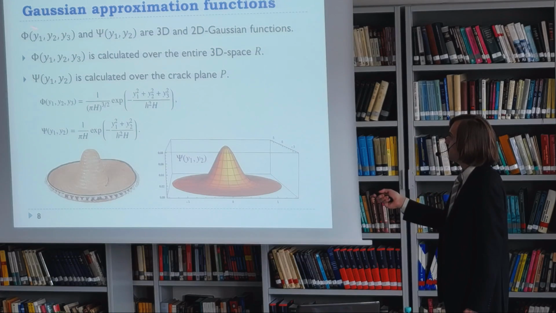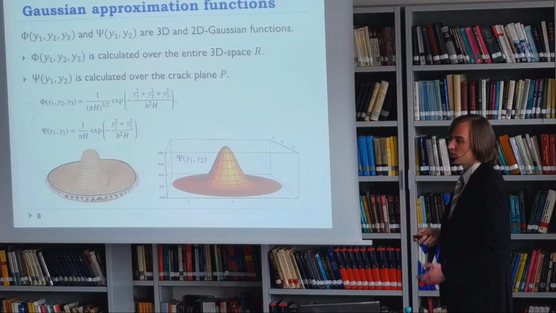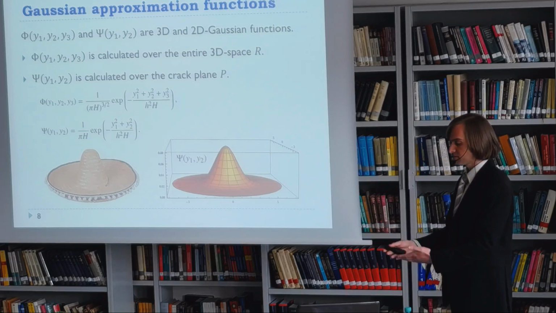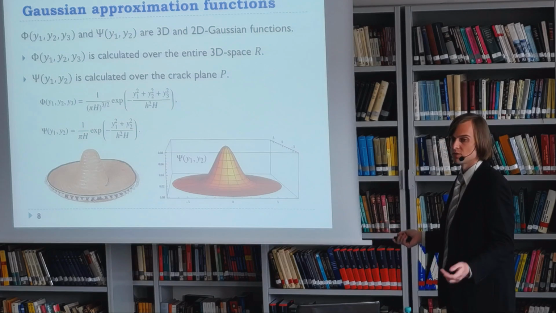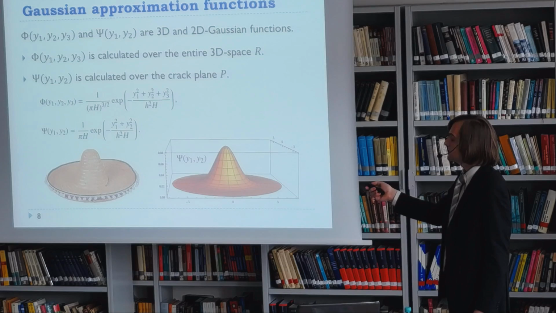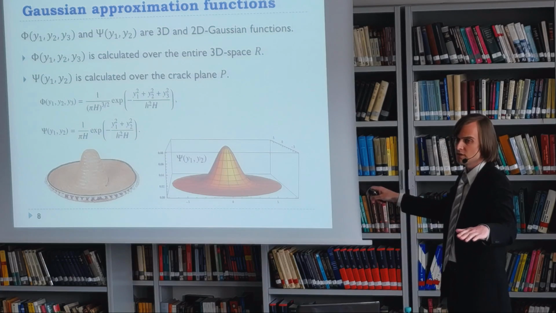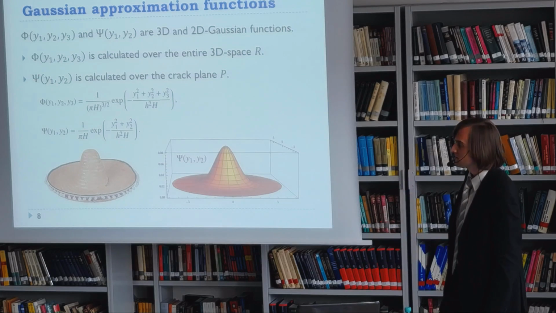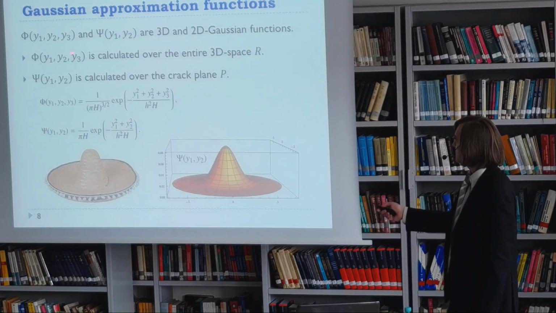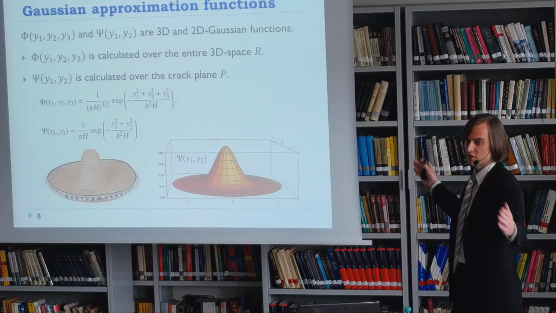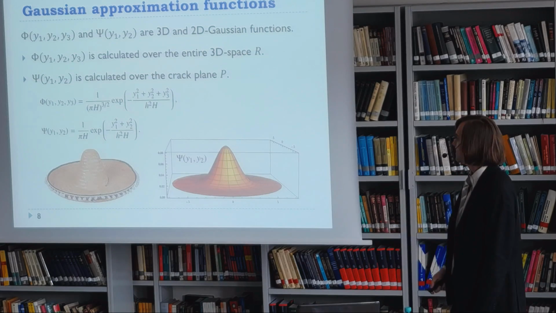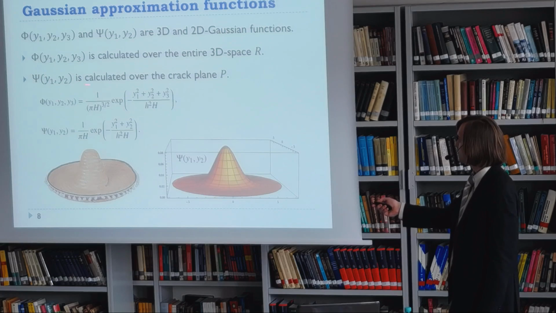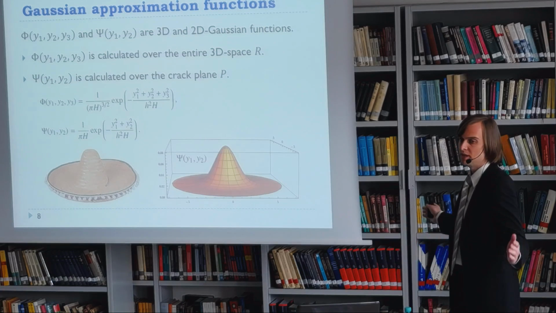So why is phi three-dimensional? Because we have inclusion, it's a three-dimensional problem. But for cracks, as the crack is a planar discontinuity, in this case we may apply a two-dimensional Gaussian function. Phi is calculated over the entire three-dimensional space R here, and psi is calculated over the crack plane P.